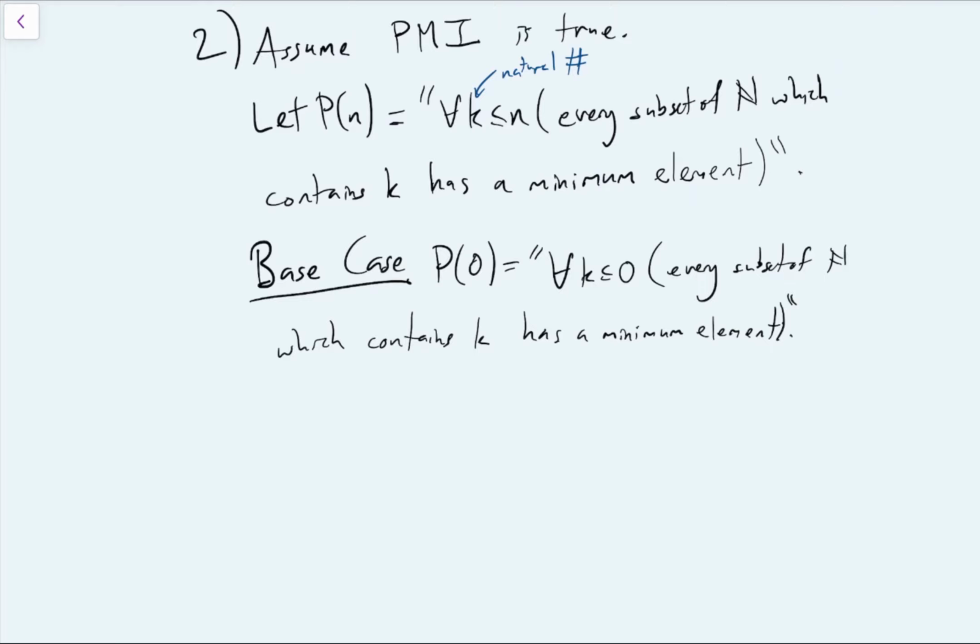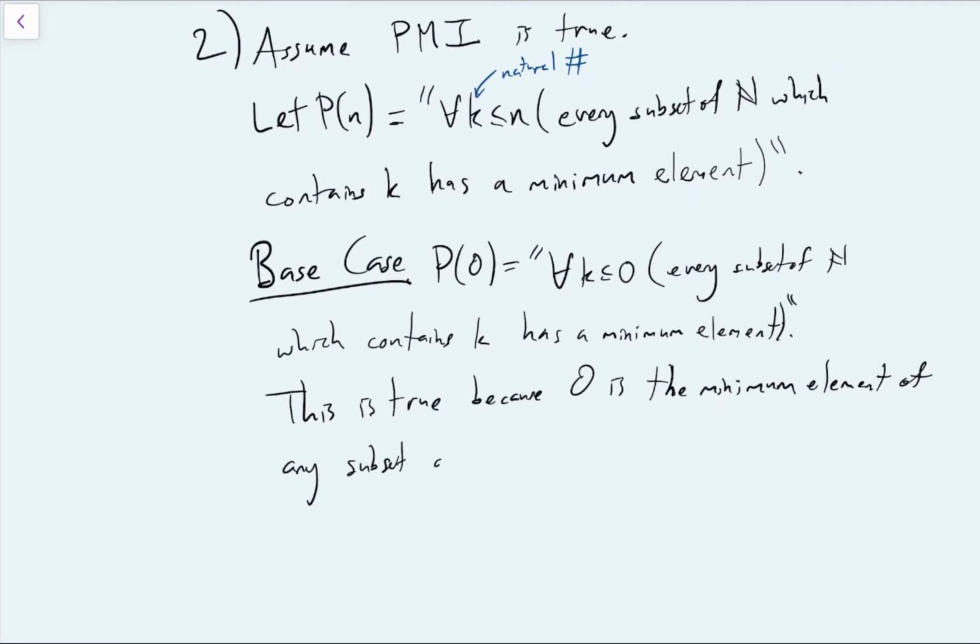Well, why is that true? It's just because 0 has to be the minimum element of any such set. So let me write that. This is true because 0 is the minimum element of any subset of n which contains 0.